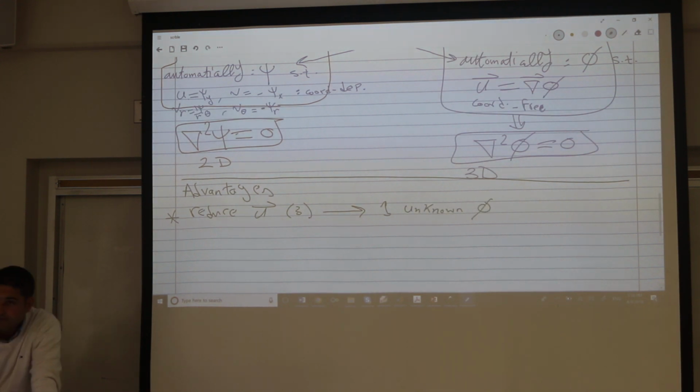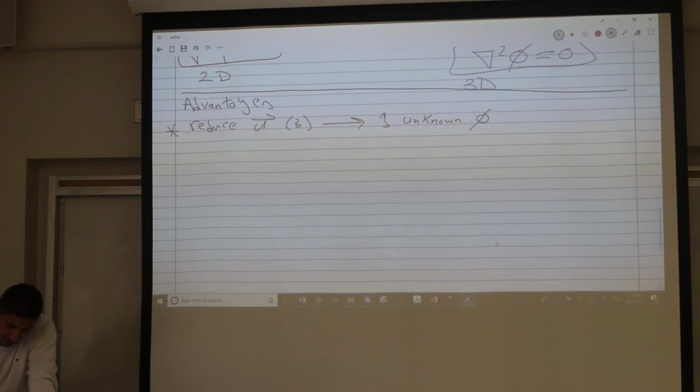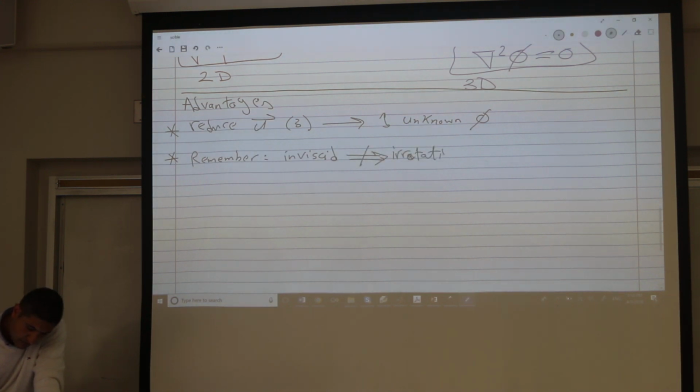Fine. Second, remember, inviscid does not mean irrotational. Right?